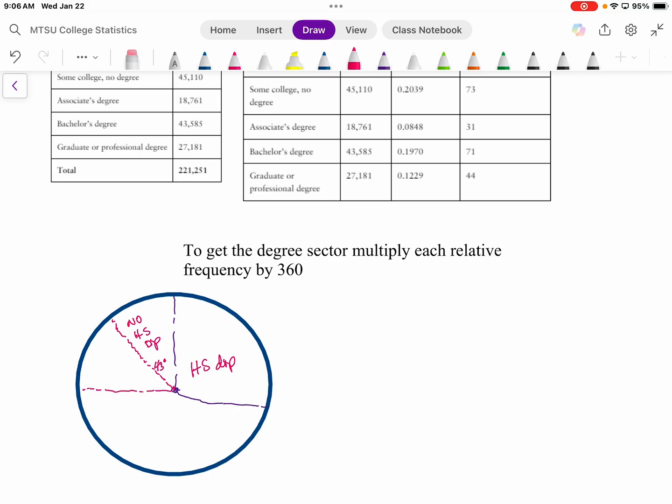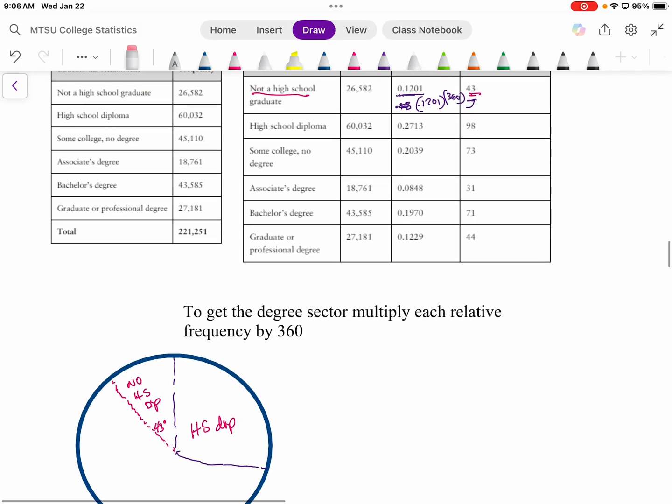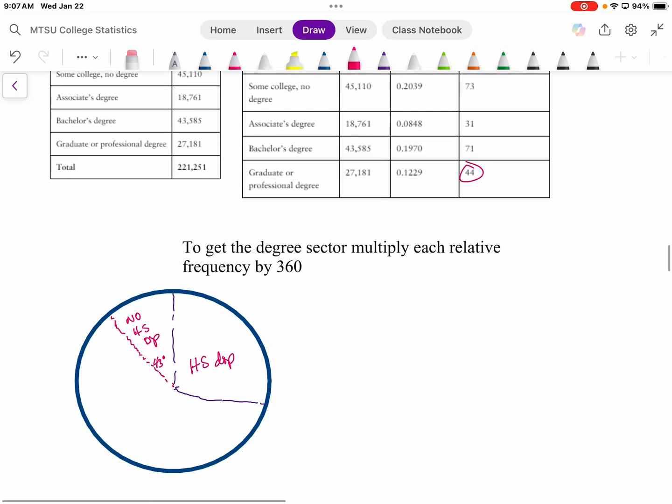And then I'm going to erase the little line there. And then now, small chunk, let's see. What do I want to do next? Oh, graduate and professional. That's another one that looks like it's about 45 degrees. So I'm going to go in here and say, all right, let me just take this one a little bit above the horizontal across, and this will be my graduate one.